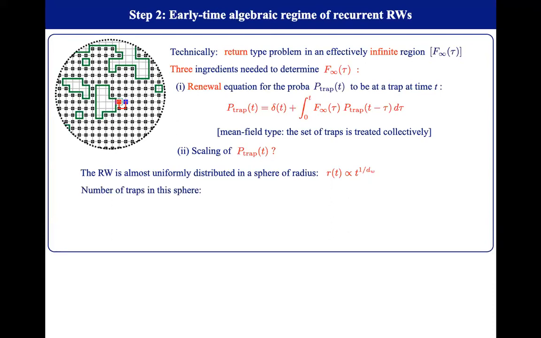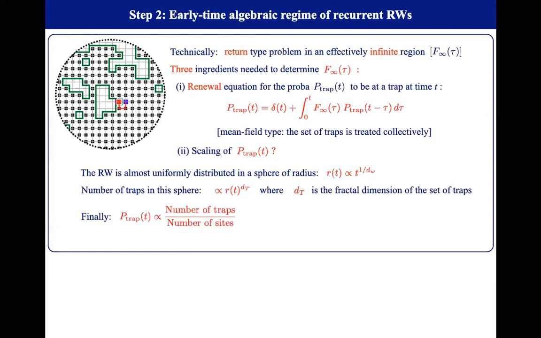Next step, we have to count how many traps are in this sphere. And by definition, it involves this time the fractal dimension of the set of traps. I would say we're just after about this quantity. But if we suppose it's known, we can say that the probability to be on a trap at time t is simply given by this ratio, number of traps divided by number of sites. Finally, it behaves this way with time.